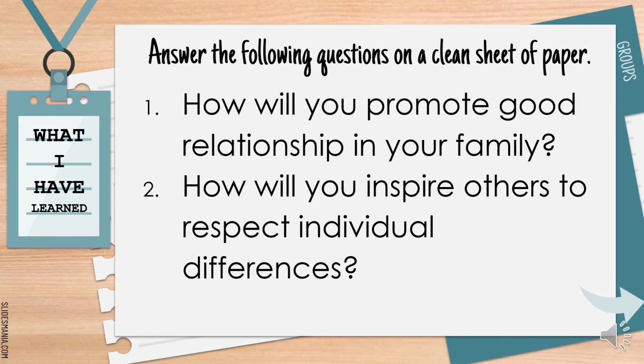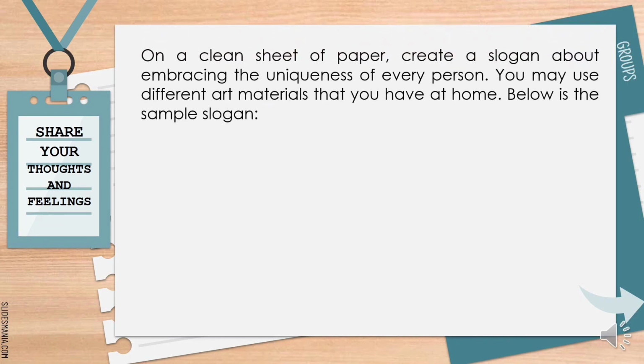Wow, grade 7, you are doing great. So, let's proceed to our last activity. The suggested time for this activity is 30 minutes. On a clean sheet of paper, you need to create a slogan about embracing the uniqueness of every person.